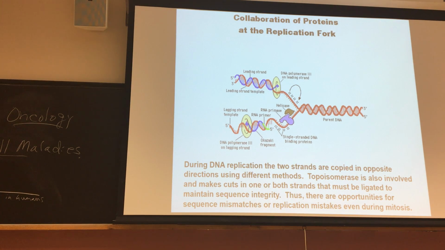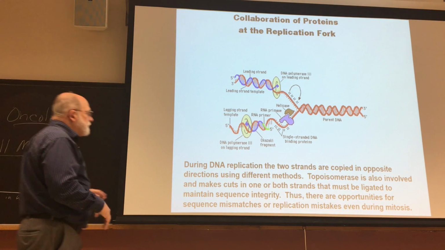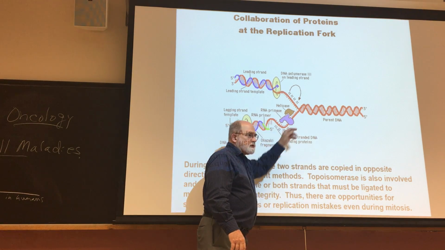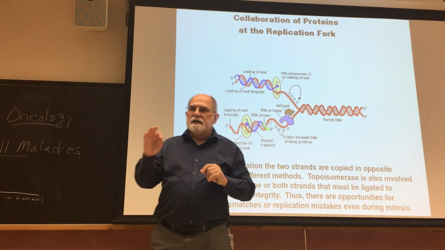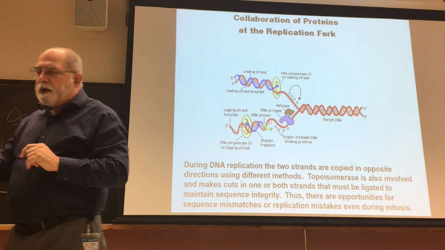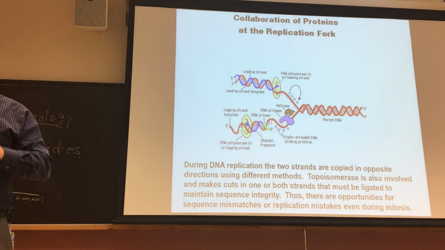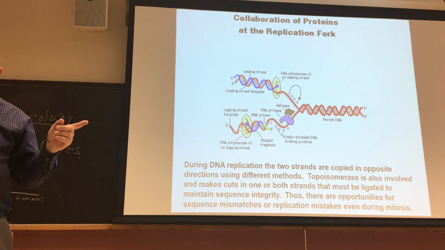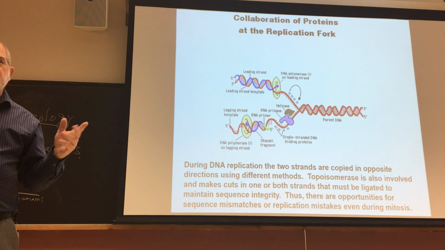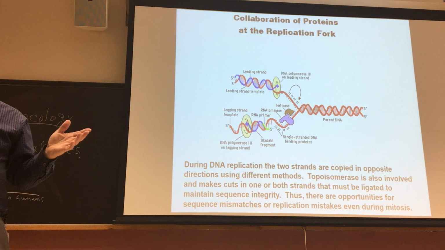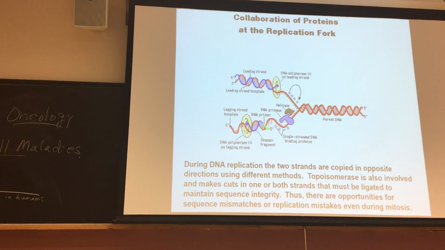And so you have many, many opportunities for some of these sorts of mistakes to occur. And even if they occur at 1 in a million, for 1 billion cells, how many mistakes have you got? 1,000. So it's not negligible.